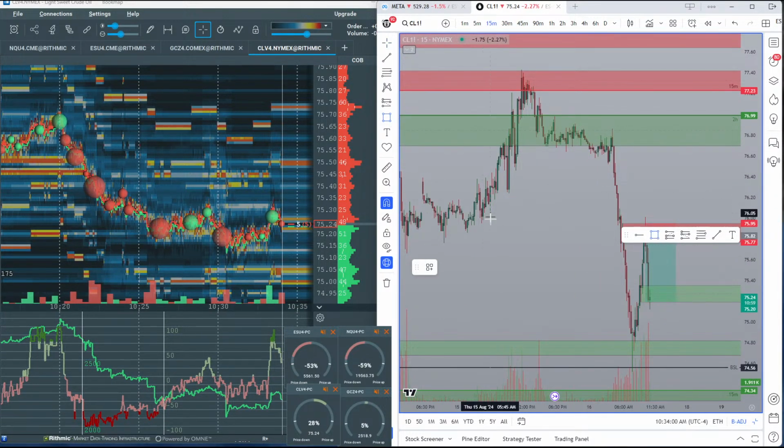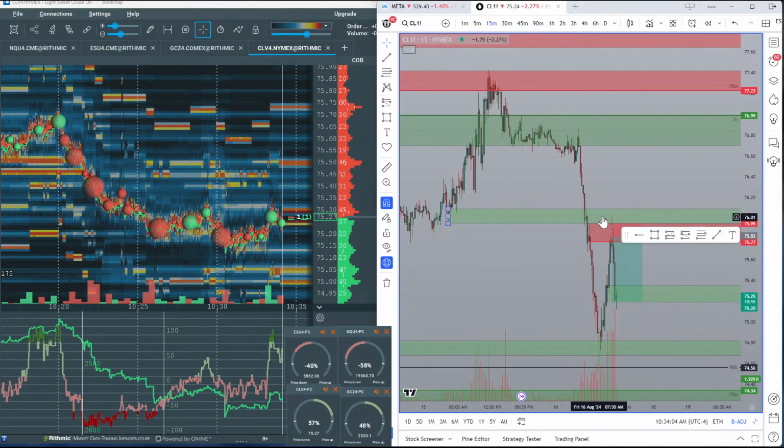Here, I guess this would have been potential for a demand zone. So, right, that would have flipped and been a supply zone.